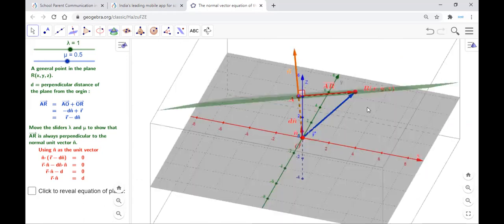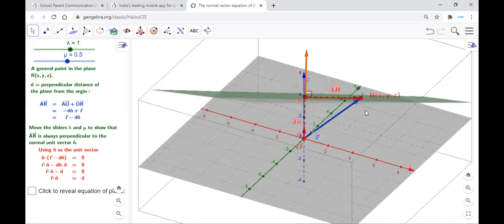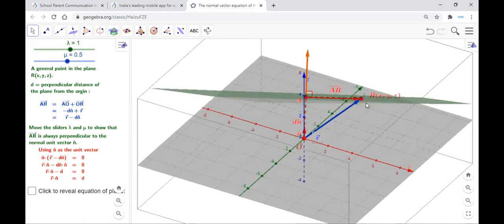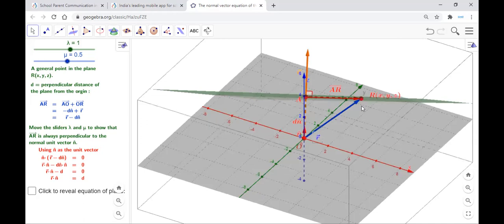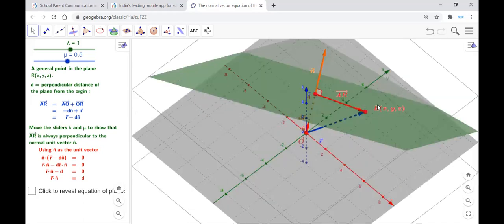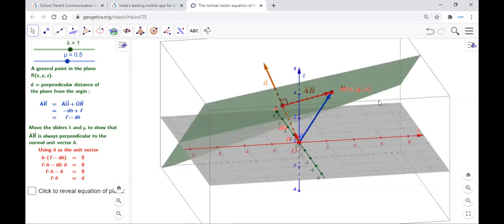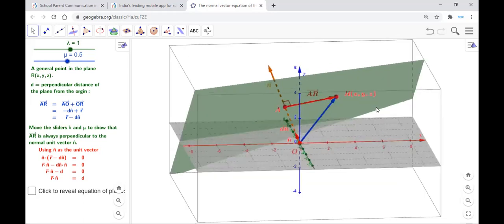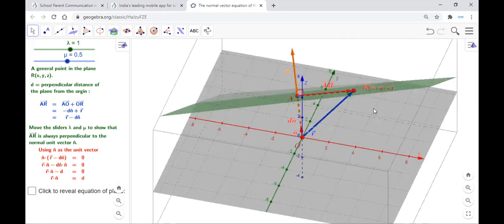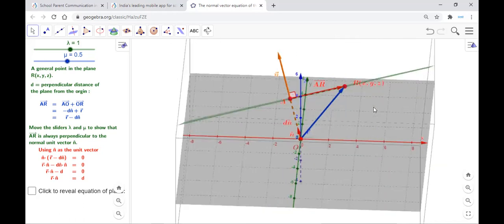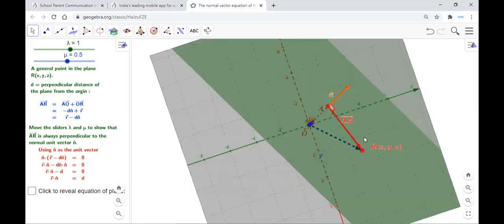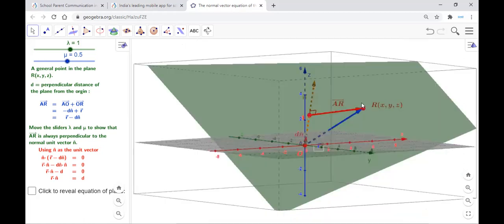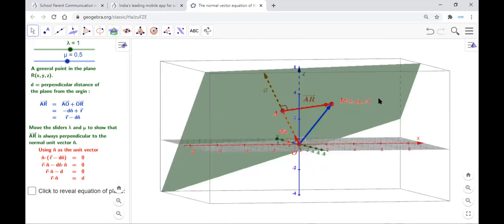This is the way you can visualize it, so that you will never be able to forget the concept. Okay, done. Now we can do it very comfortably. So let's move on.